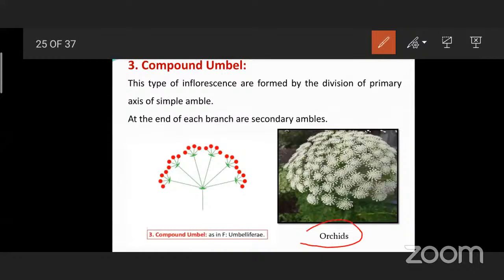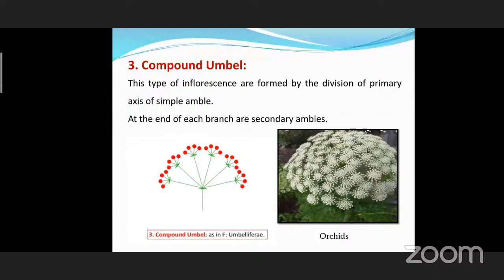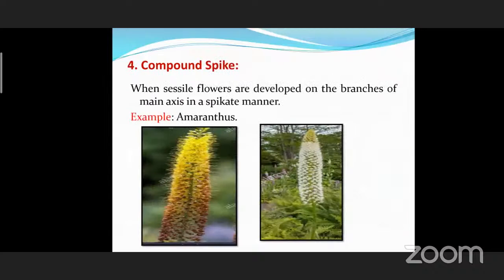The pedicels are raised mainly centripetally. At the end of each branch, secondary umbels are formed. This is the compound umbel type of inflorescence. That is the third one. And next, the fourth one, compound spike.